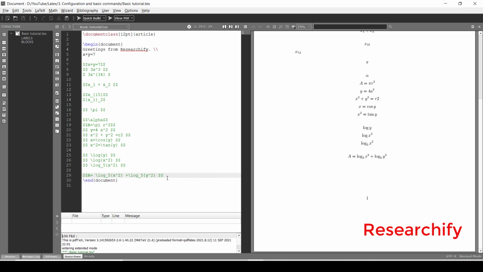Okay, now coming to the next topic, we will see how to write a square root. Let us try to write the square root of 2 or the square root of 3.